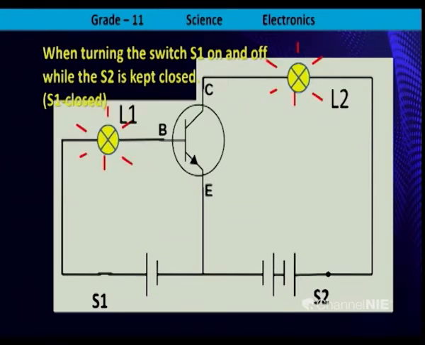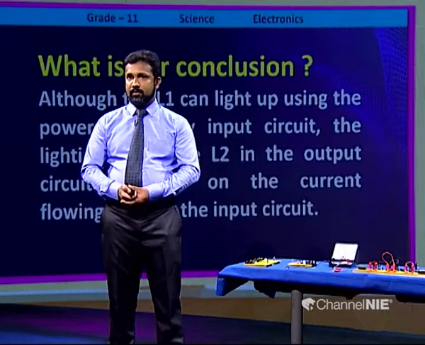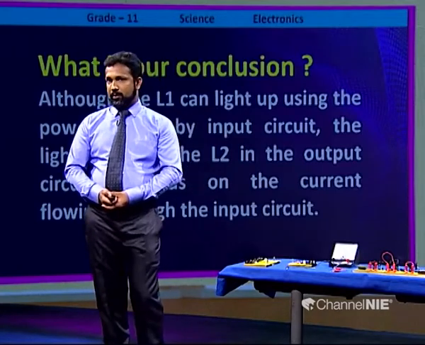Now, when turning the switch S1 on and off while the S2 is kept closed, when both the switches are kept closed, both the bulbs light up. You can see. What is our conclusion?